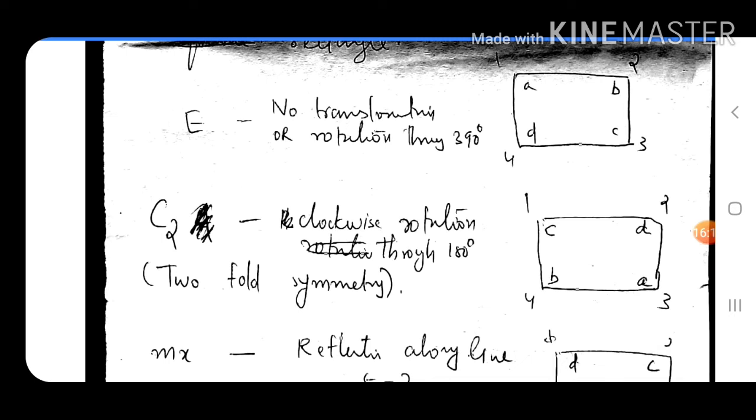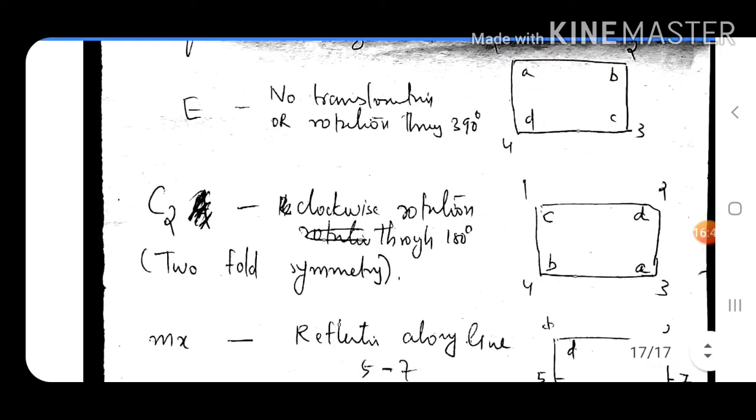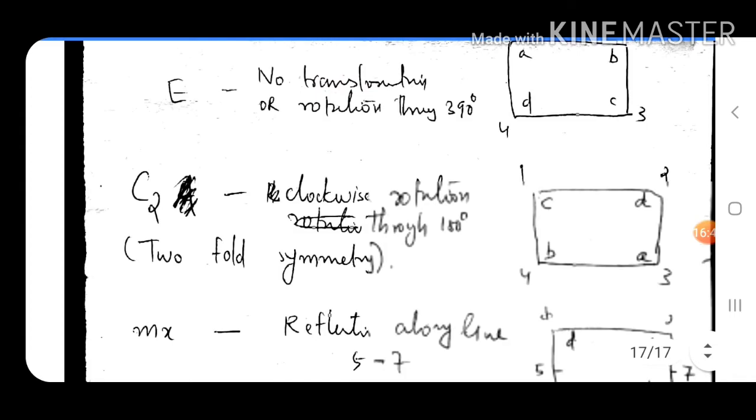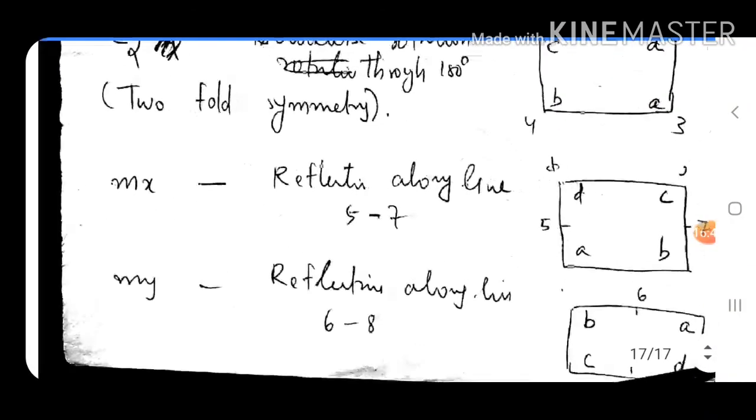In the case of a square, we saw C4. It has four-fold symmetry because if you rotate it in steps of 90 degrees you get various symmetry operations. Here you have to rotate through 180 degrees to get a symmetry transformation, so what you have is C2, with two-fold symmetry. And what is MX?